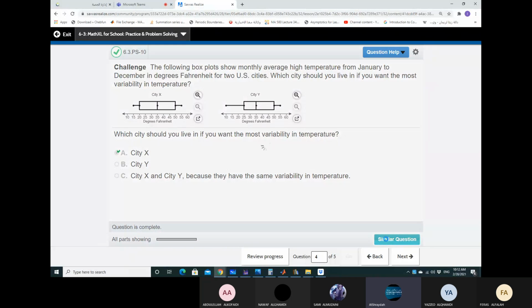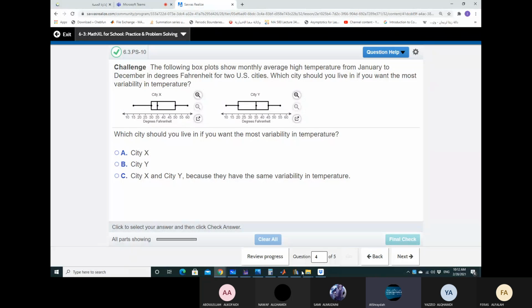Let's take a similar question. And also here we have another question, generic question. The following box plots show monthly average high temperature from January to December in degrees Fahrenheit for two US cities. Which city should you live in if you want the most variability in temperature?